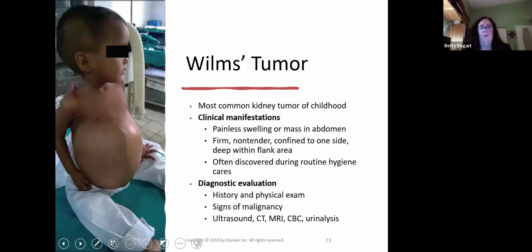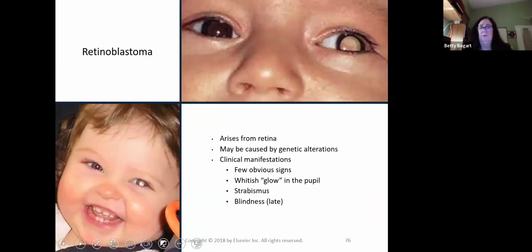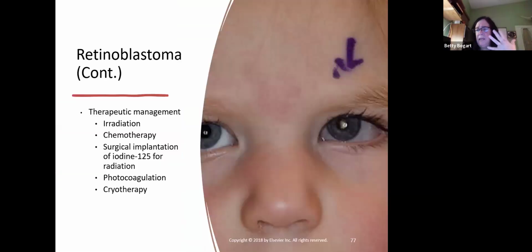I've already talked about Wilms tumor. Retinoblastoma is like when you see animals in the distance in the dark and you shine a light and see the shiny glow. This is what you see when the retina has a tumor in it. I've seen only one in my lifetime. We need to find out what symptoms have been going on with this child.